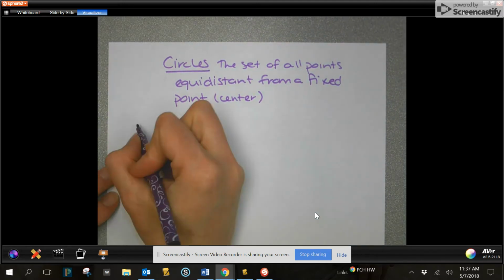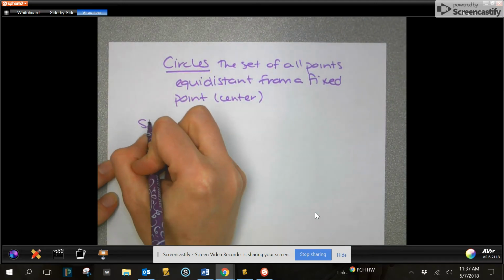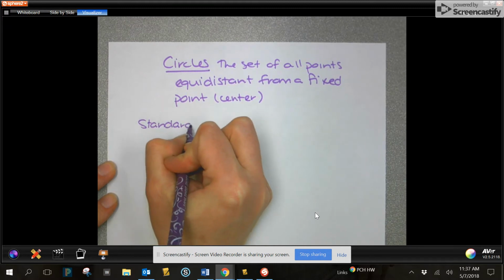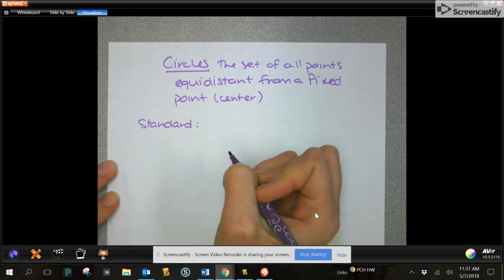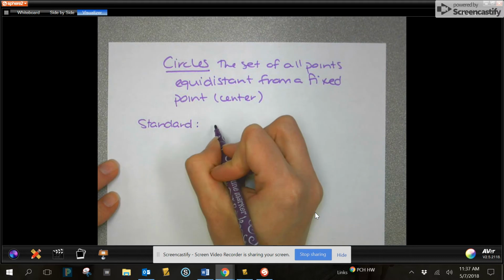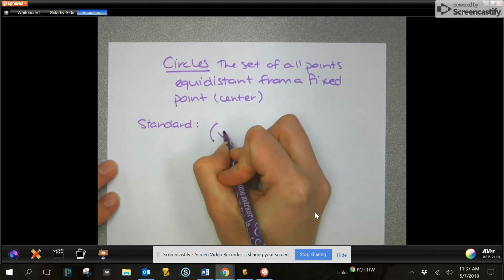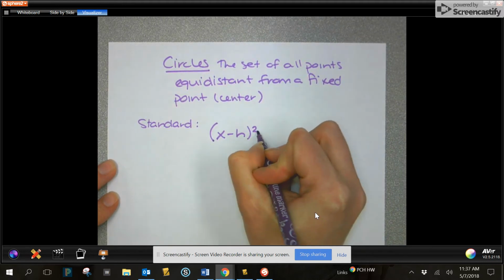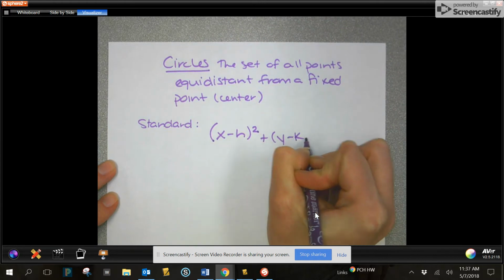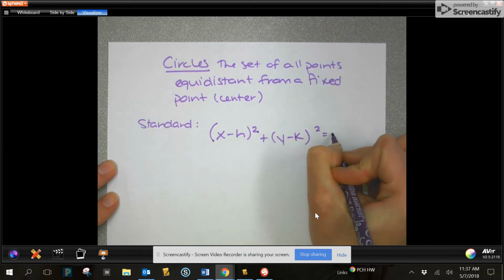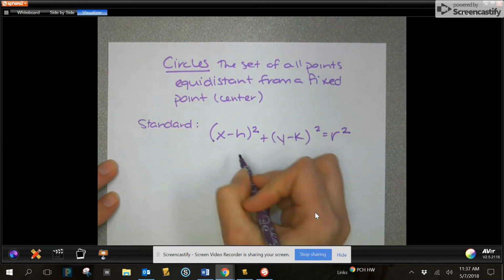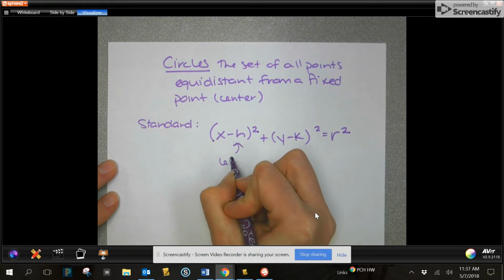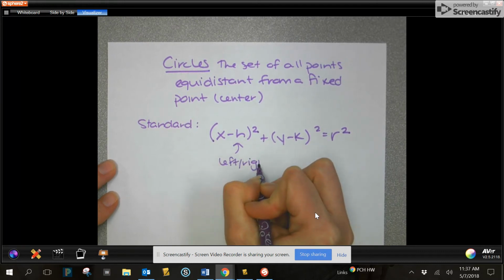Circles, we could write them in standard form, which is probably the most familiar to you from geometry class. Standard form of a circle is (x - h)^2 + (y - k)^2 = r^2. So what this does is this moves left and right.